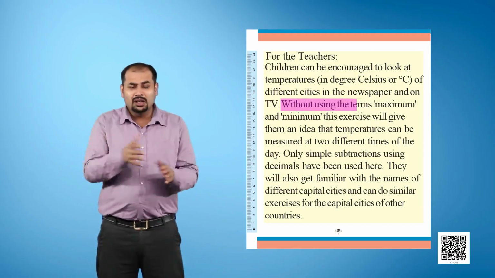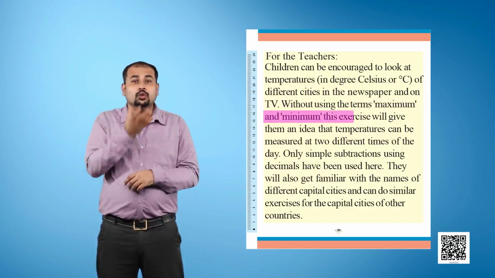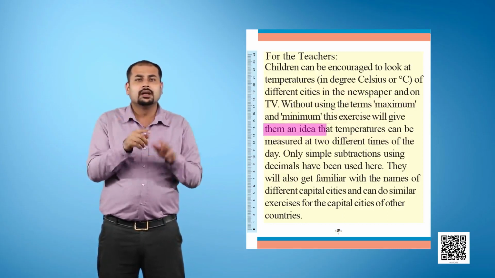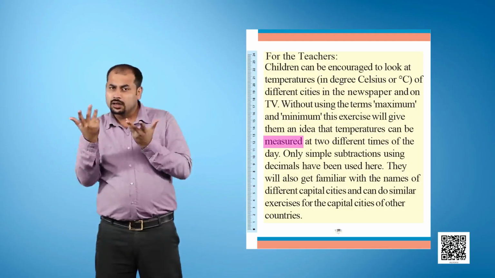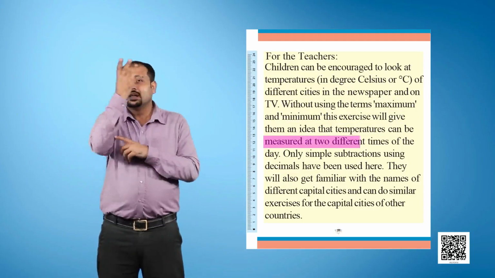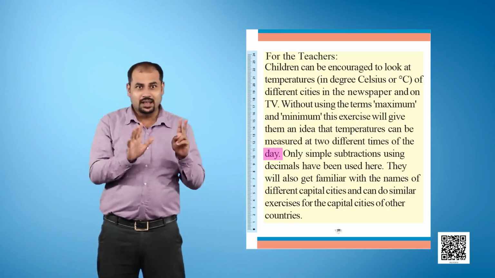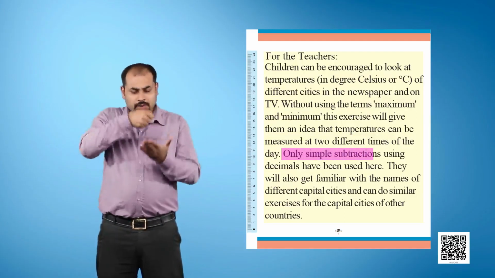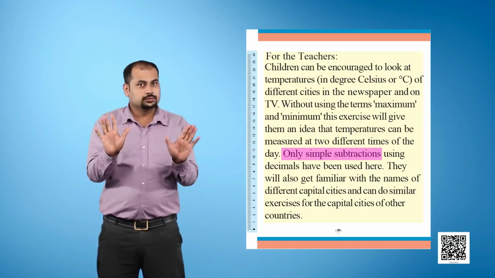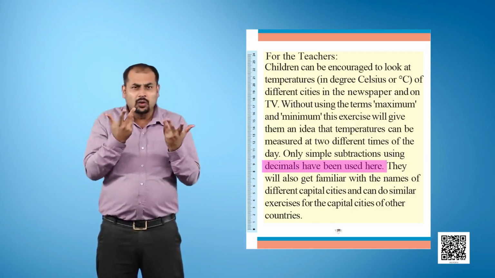Without using the terms maximum and minimum, this exercise will give them an idea that temperatures can be measured at two different times of the day. Only simple subtractions using decimals have been used here.